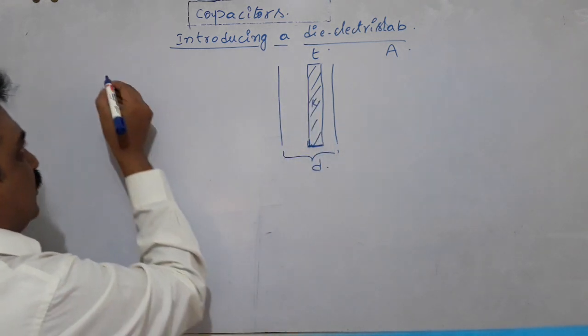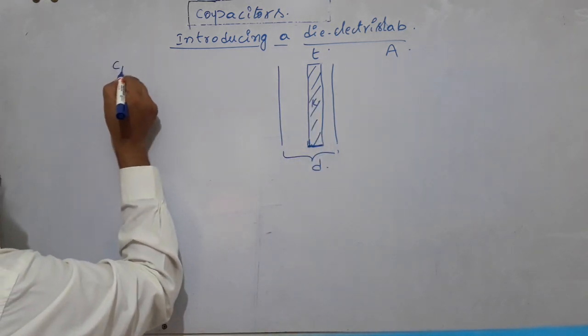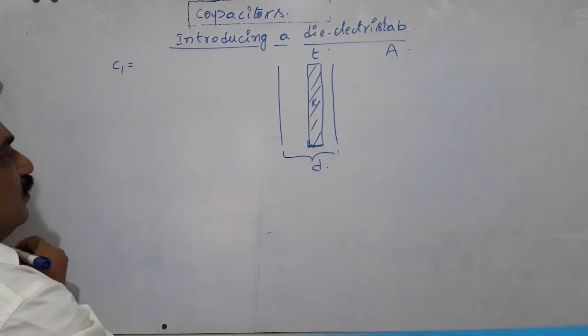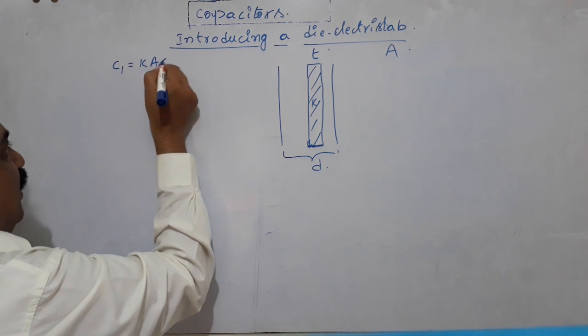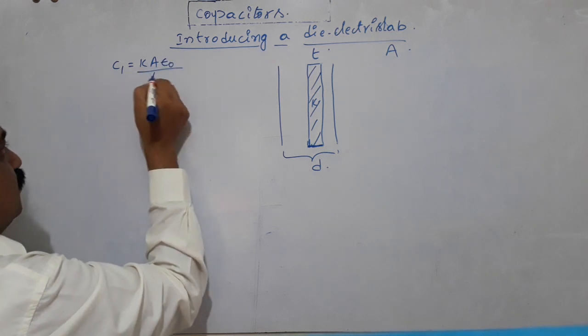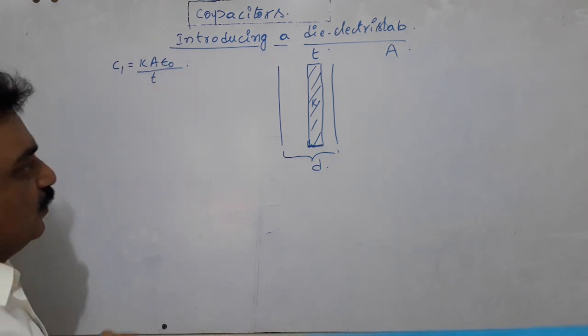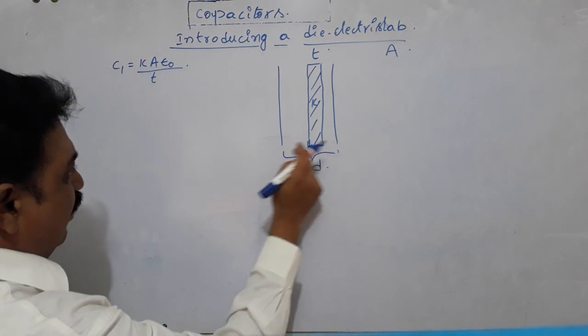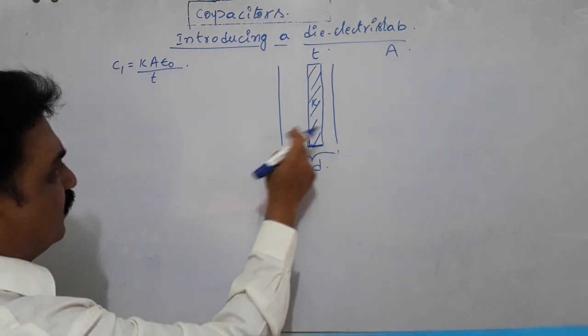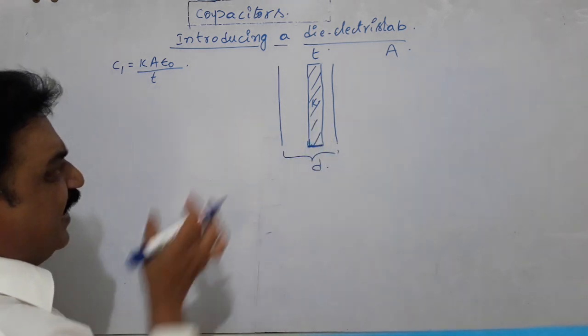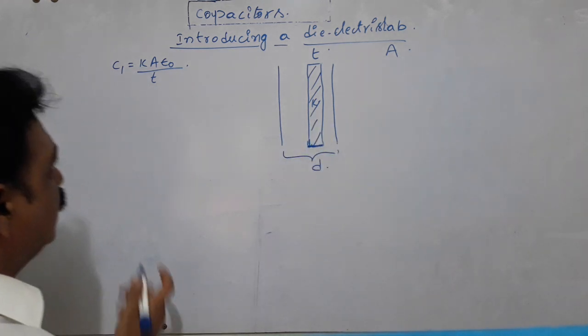So that capacitor, say this is C1, is equal to K A epsilon naught by t. The other, the remaining part between the plates, is with air, so that will act like an air capacitor.